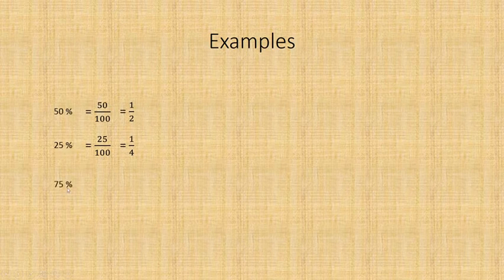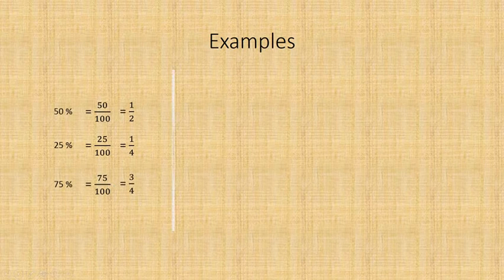Okay, let's have another example. 75%. Tell me, what do you think about it? Yes, it's going to be 75 over 100, and after that you simplify. If you divide up and down by 25, it's going to be 3 over 4. Okay, let's have some different examples. If I want to change 1 over 10 into percentage, it's the vice versa, so I have to think in the opposite direction.